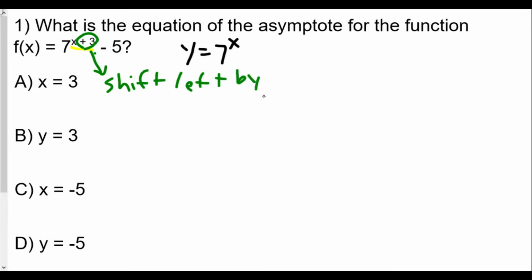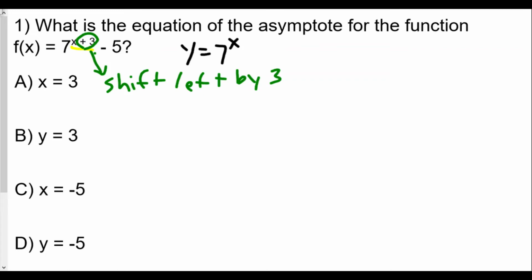Now, a lot of times we'll go, wait a minute, why is it left by 3? Because it's plus 3. Well, one of the rules for our horizontal shifting is that if you see x being added by a number, that's the movement to the left. When you add a number to x, it's going to be moving to the left. When we subtract a number from x, that's a shift to the right by that number. So here we see it's going to be a shift to the left by 3.